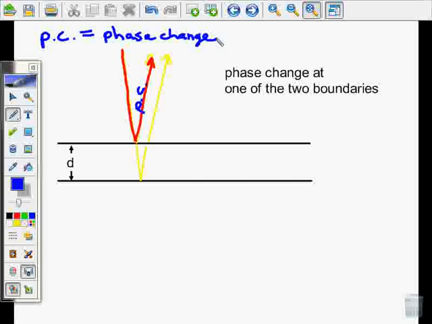But let's say there isn't a phase change with the other light, the light that goes down here and reflects. Right there, no phase change. So there's only a phase change at one of the two boundaries.